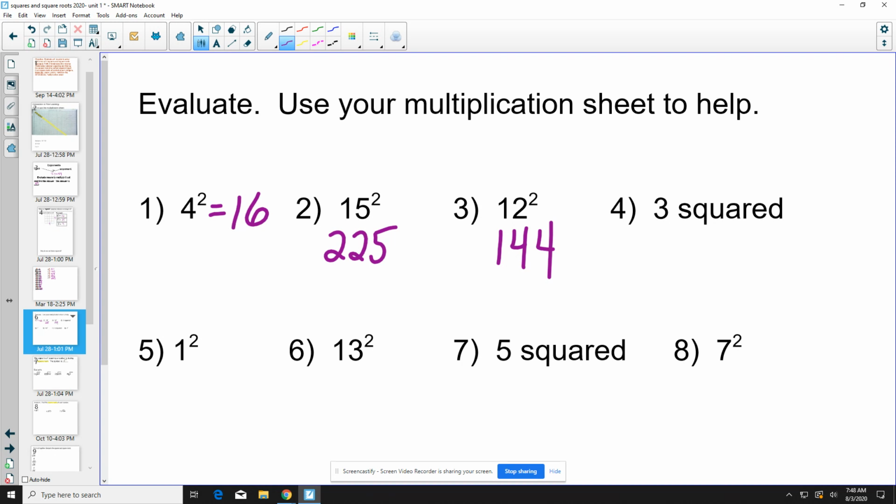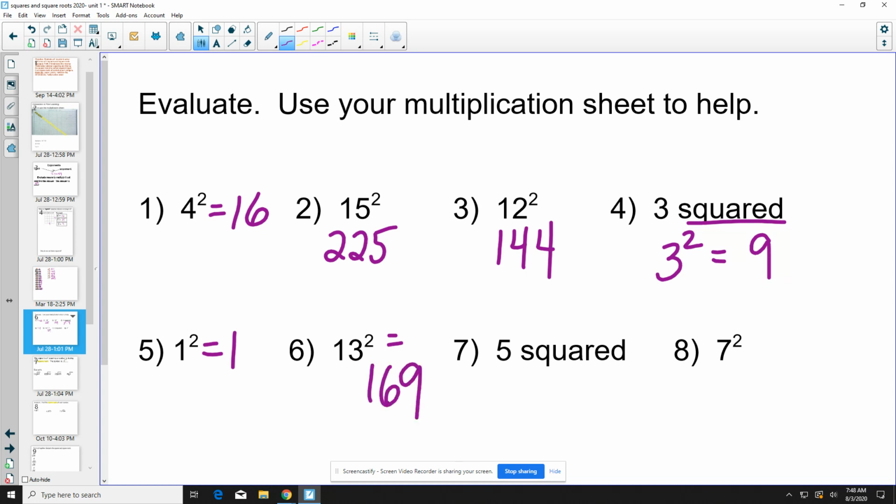Number 4 says 3 squared. This word squared means 3 to the second. Find 3 to the second. That would be 3 times 3, 9. Try number 5. That is 1. 1 times 1, 1. Try number 6. 13 squared would be 13 times 13, 169.